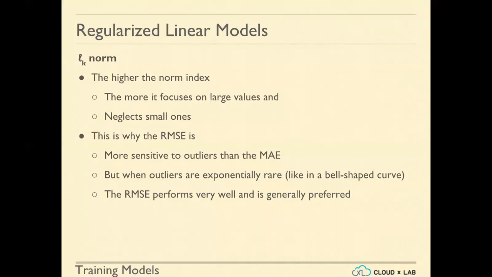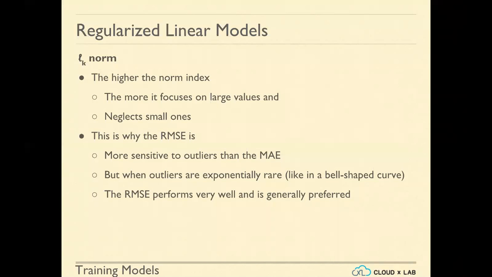Therefore, generally, as you increase k, it will more and more focus on the larger values than the smaller values. It more and more exaggerates error. This is why the root mean square error is more sensitive to outliers than the MAE. So k equals 2 is more sensitive to outliers than k equals 1.